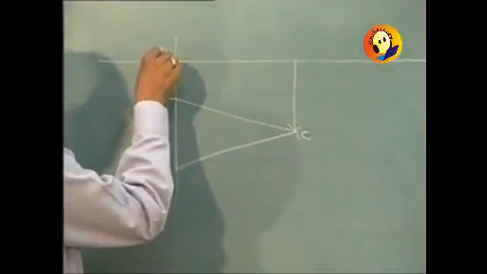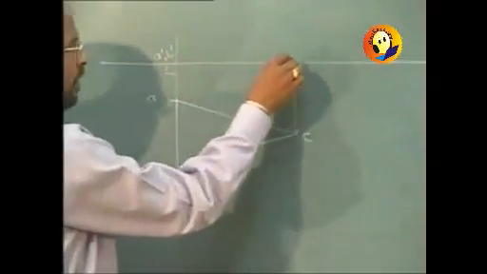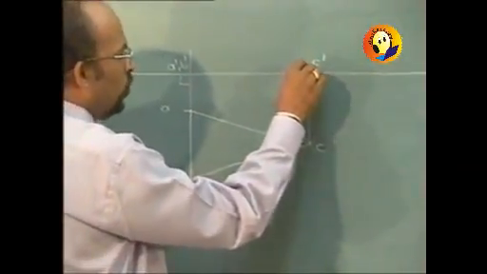So we will get points A dash and B dash on XY and point C dash also on XY.